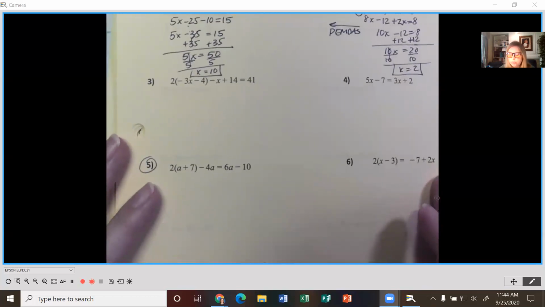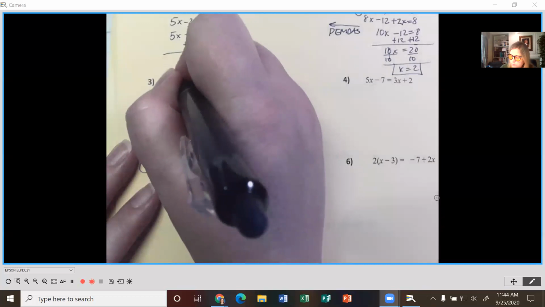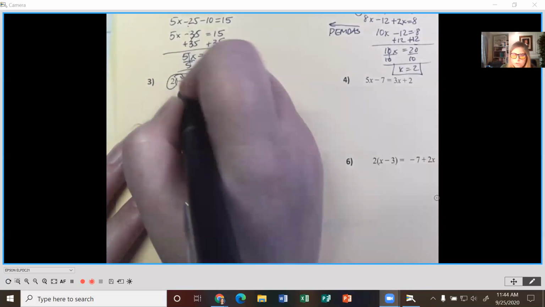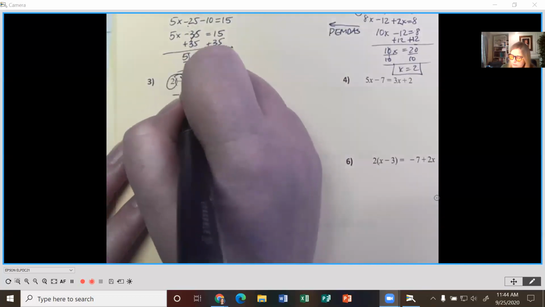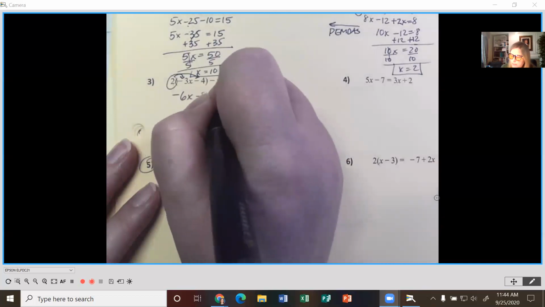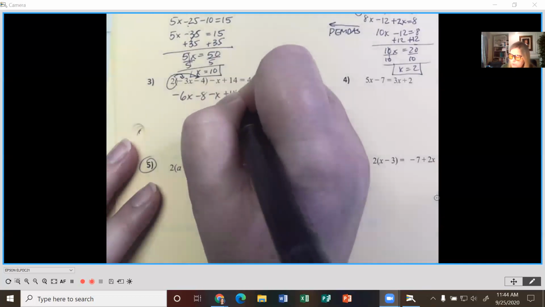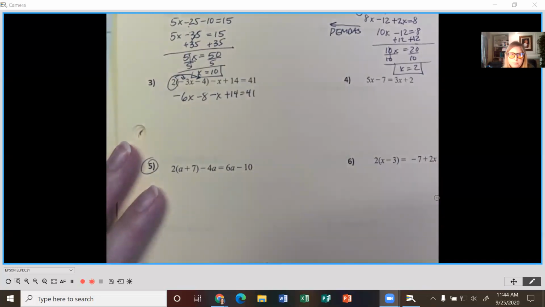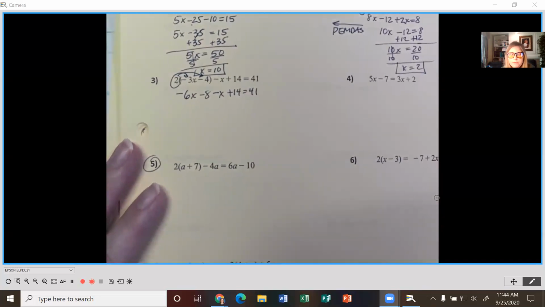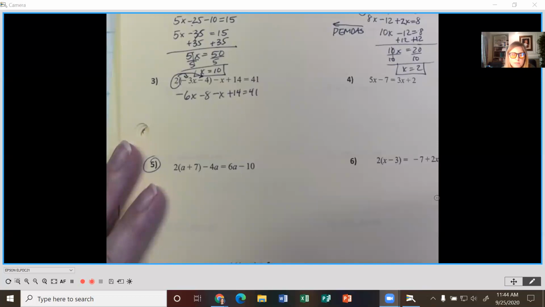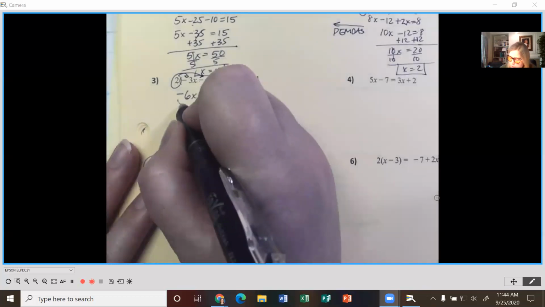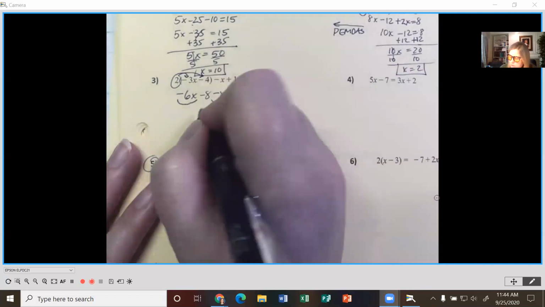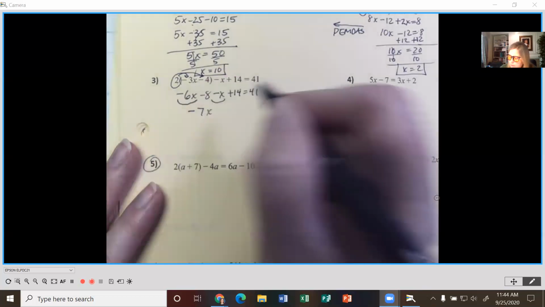Okay, number 3, we're distributing 2. So 2 times negative 3x is negative 6x. 2 times negative 4 is minus 8. Bring down the minus x plus 14 equals 41. Okay, so negative 6x minus 8 minus x plus 14 equals 41. So we distributed. Now we want to combine like terms. On the left side, we have negative 6x and minus x, so that's negative 7x.